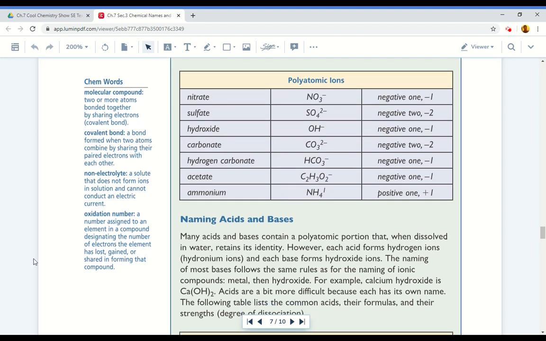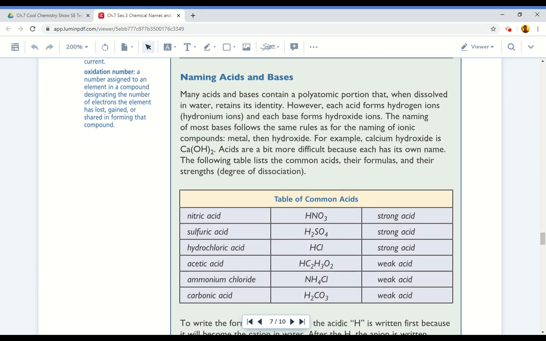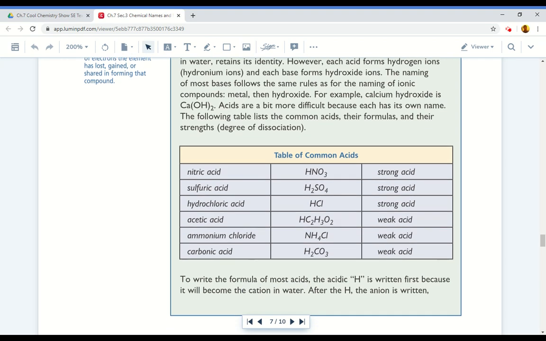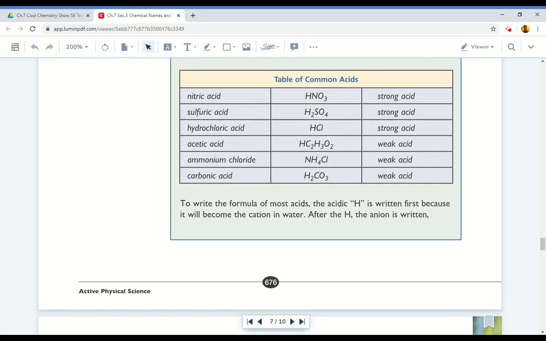Acids are a bit more difficult because each has its own name. The following table lists the common acids, their formulas, and their strengths. To write the formula of most acids, the acidic H is written first because it will become the cation in water.